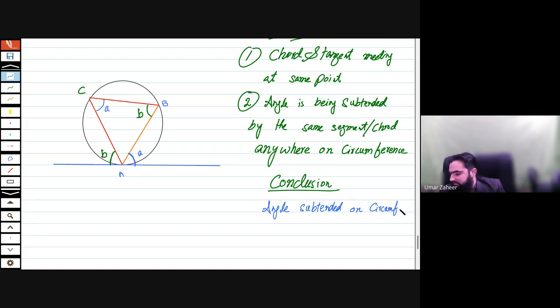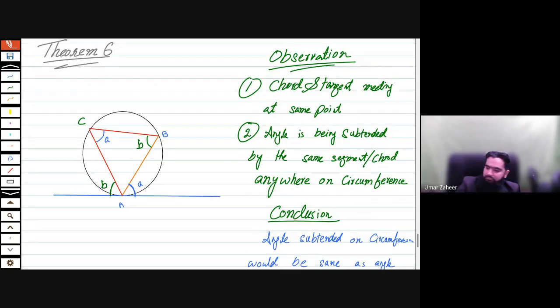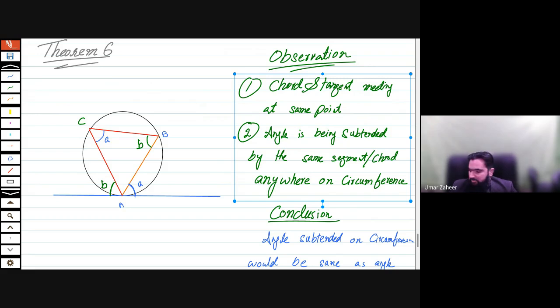So the angle subtended on the circumference would be the same as the angle between chord and tangent. Yes, everyone. Any question up to here? This property is clear.